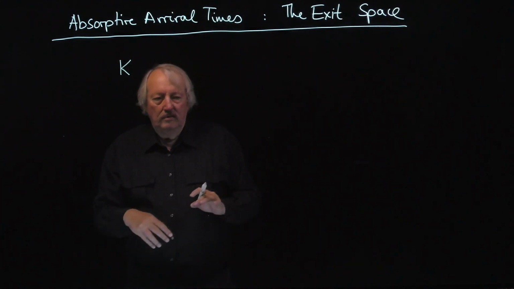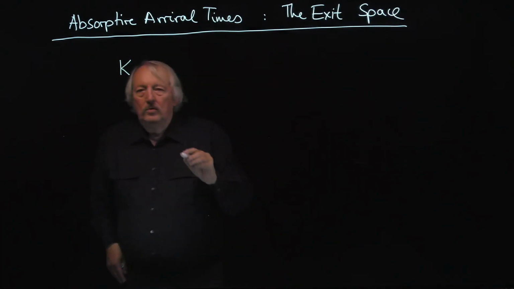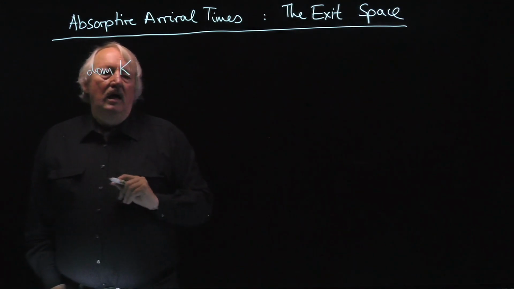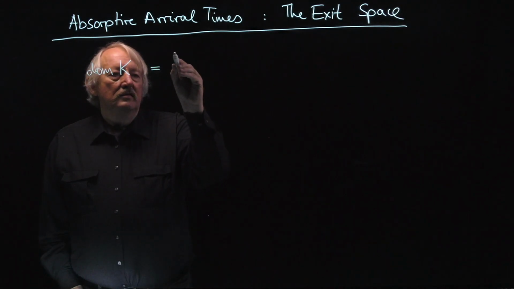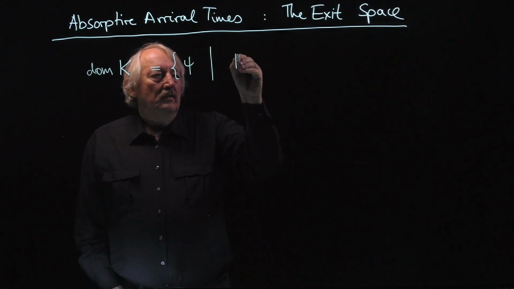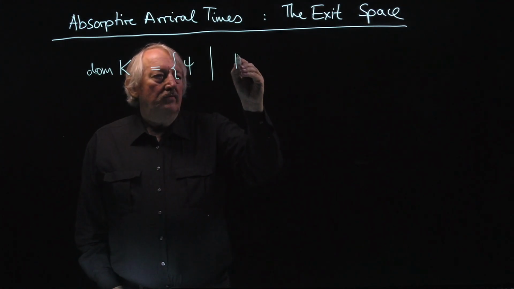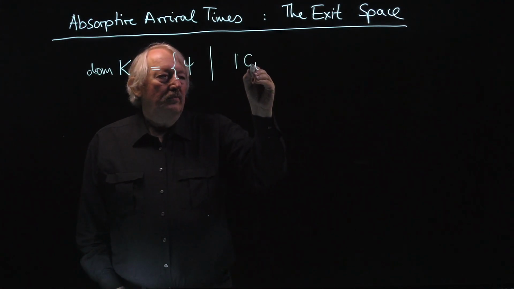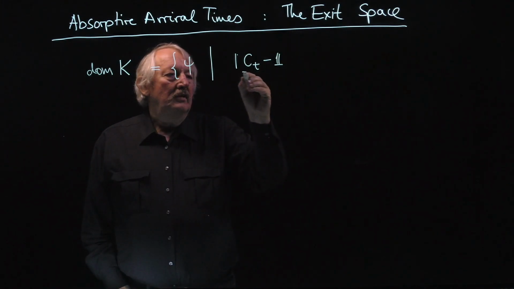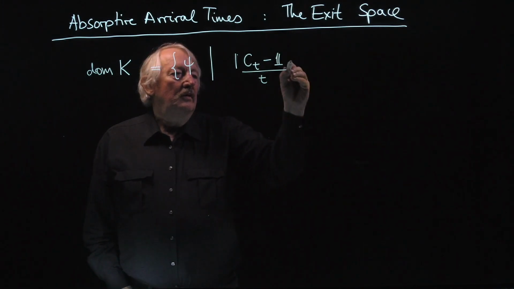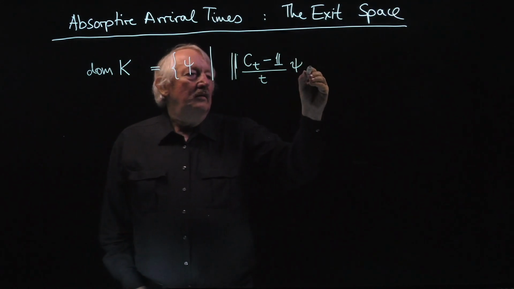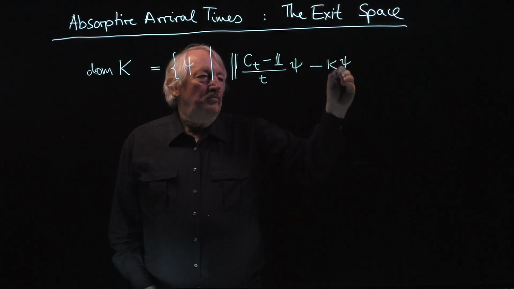We just take the K. I write dom K for the domain of K. That would be the set of vectors psi such that if you take the contraction semigroup, subtract what it is at t equal to 0, divide by t, and apply that to psi, then there is a limit which you then call K psi.